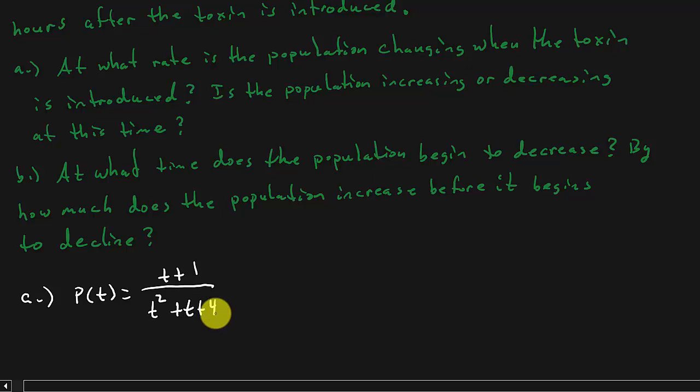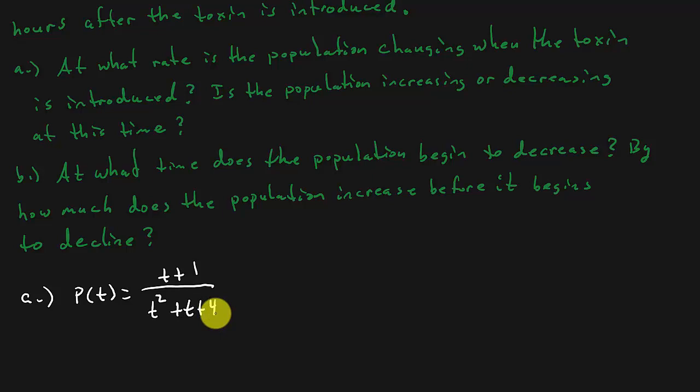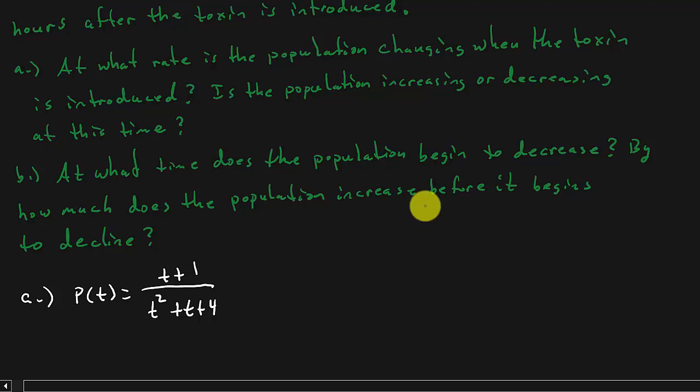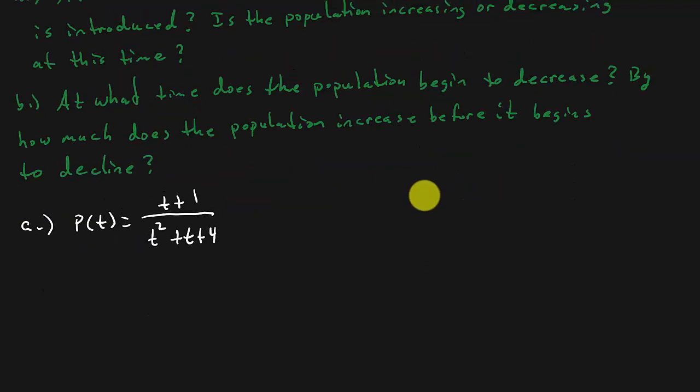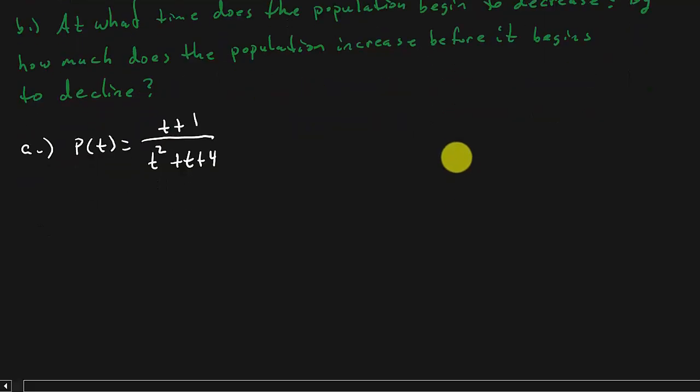And they want to know at what rate is the population changing when the toxin is introduced. All right, so we need to find the derivative, and they want to know when it's introduced. So that would mean we need to evaluate the derivative at t equals 0.